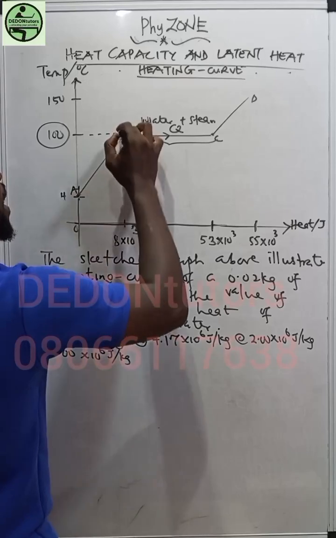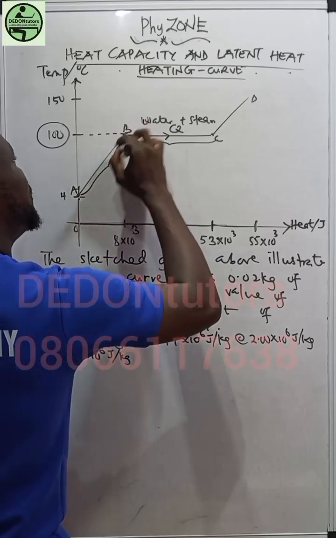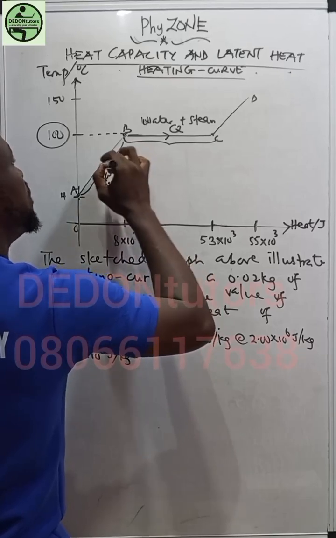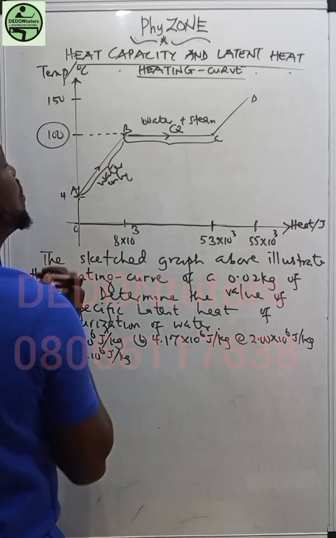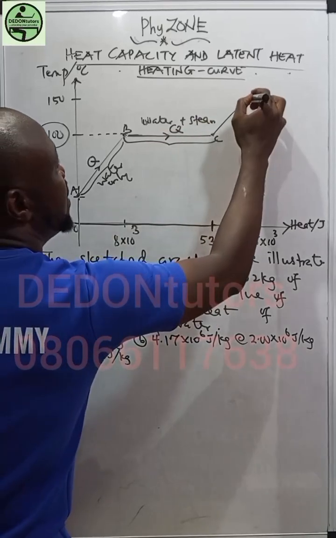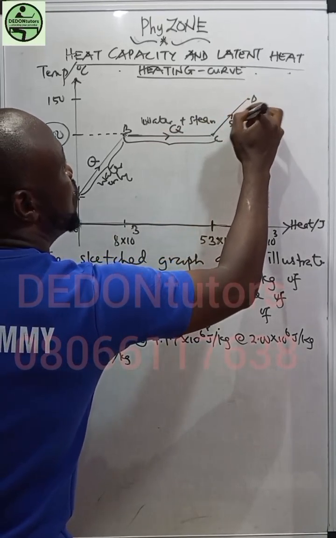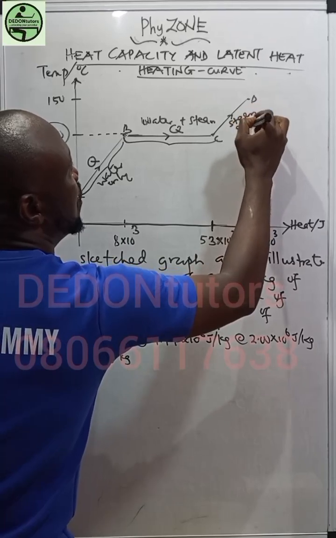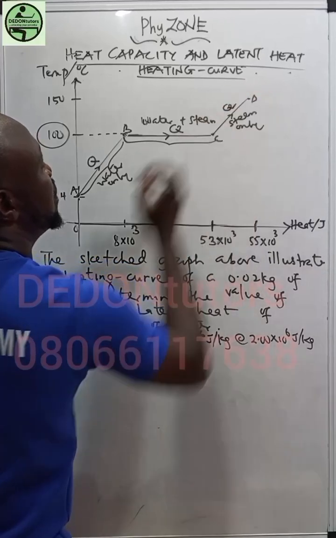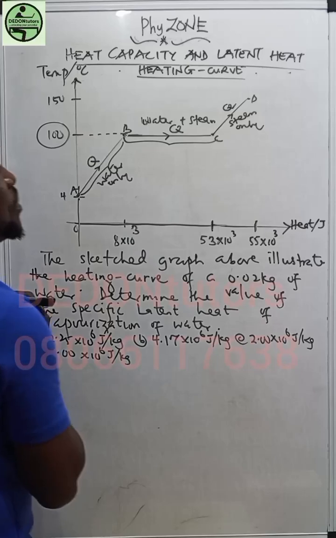Here from A to B, we have water only, so the heat involved here is sensible heat. From C to D, we have steam only, so the heat involved here is also sensible heat.